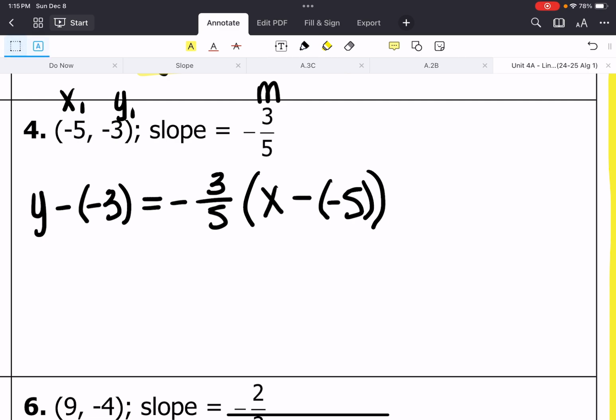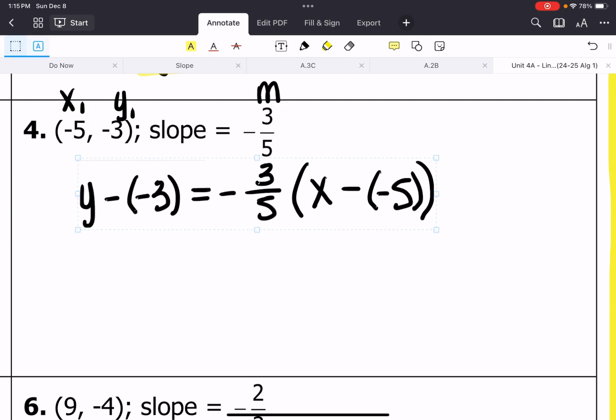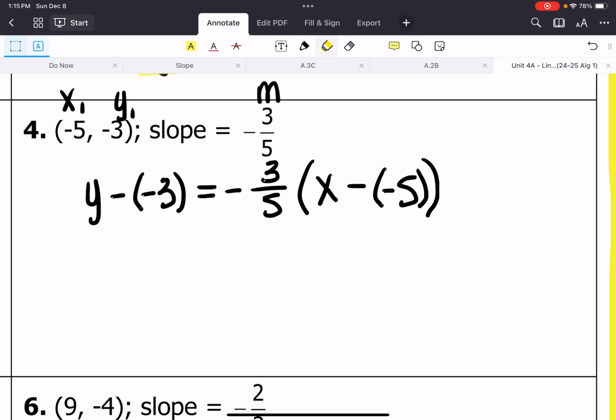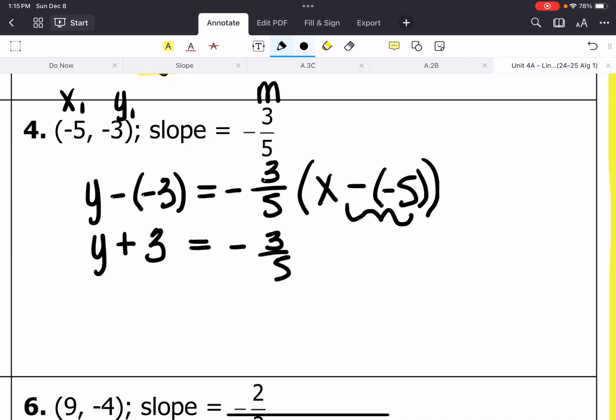Notice how this time around you have 2 sets of double negatives, which we're going to have to simplify. So here I have a negative times a negative, which gives me positive. Now making it y plus 3. And then same thing on the right-hand side. A negative times a negative gives me a positive.